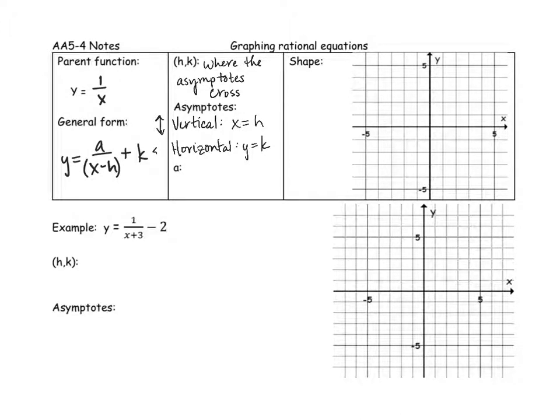And a, once again, tells us where to go after we go right 1 from HK.